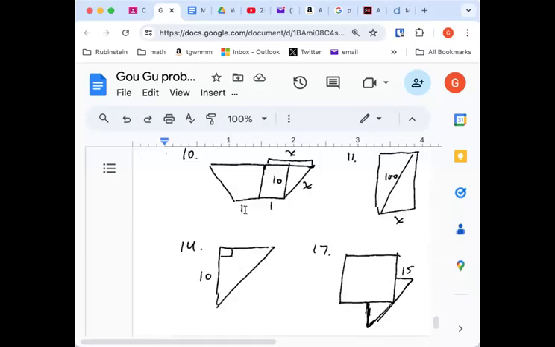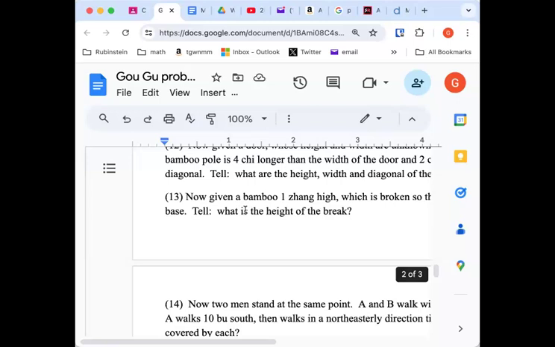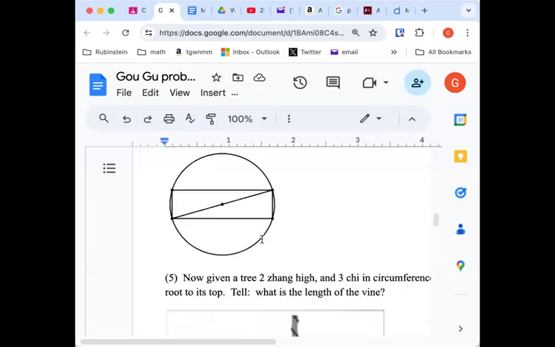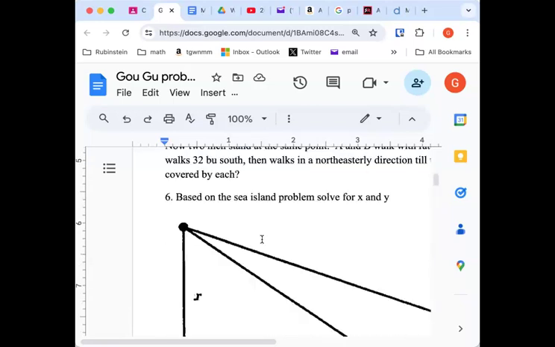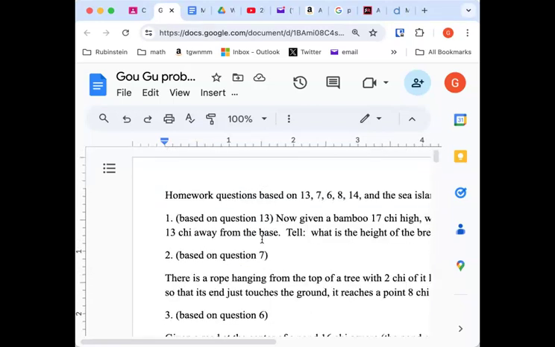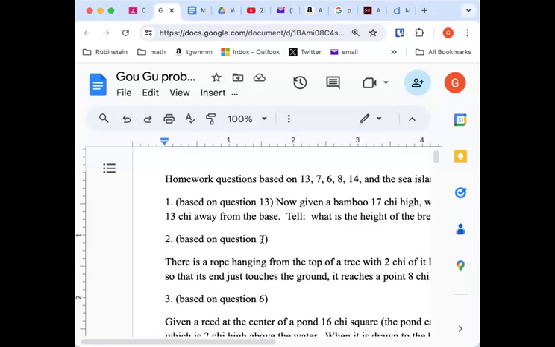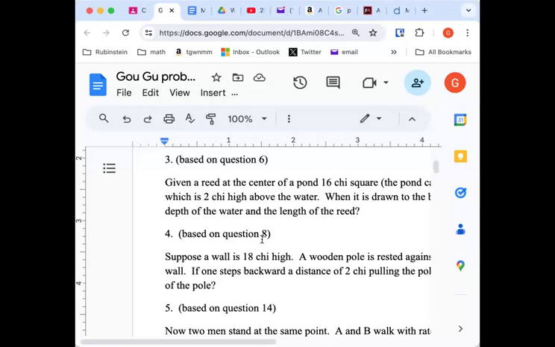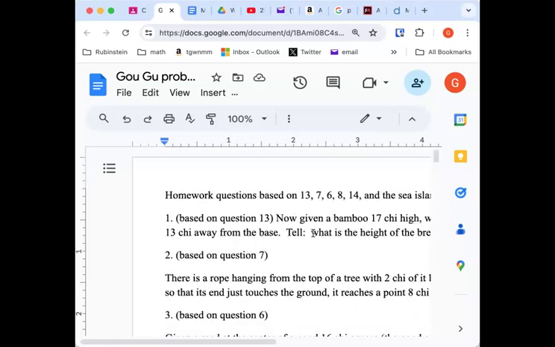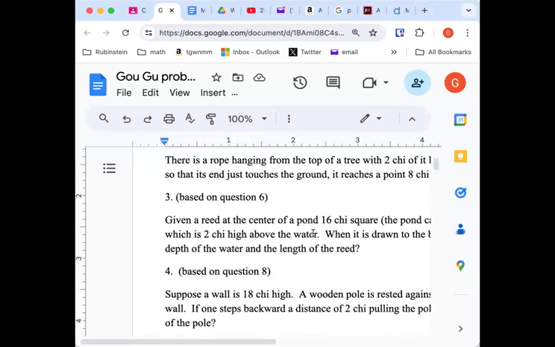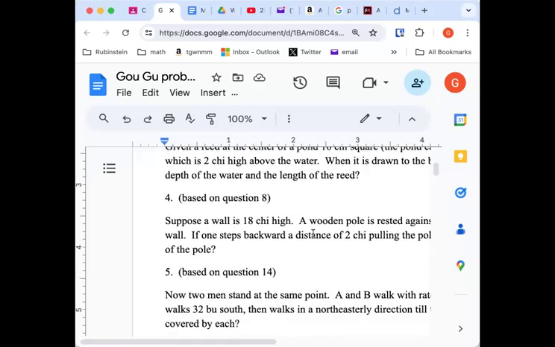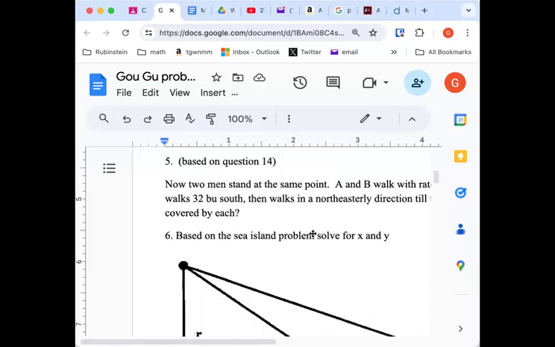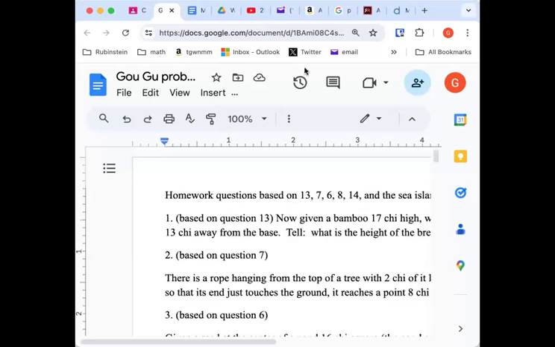I am going to go over 5 of the 24, and on the final, and on the homework we have to do for those 5 questions, but with different numbers. You see here, the homework's only 6 questions. There's 5 that are based on questions 13, 7, 6, 8, and 14. And then there's 1 question that's based on something called the Sea Island. So there's only 6 questions we're going to go over today.